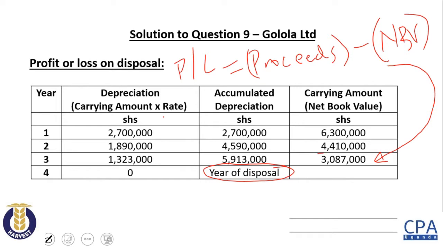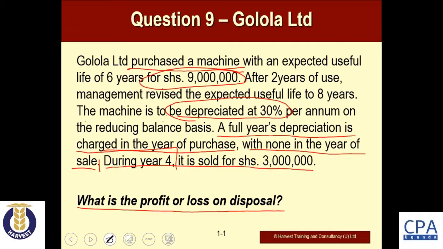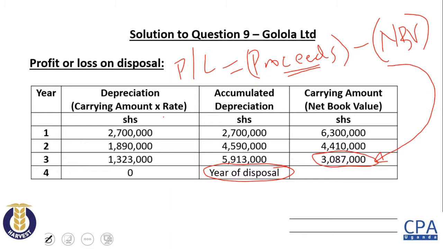We have seen that the carrying amount of the final year is 3,087,000, whereas the proceeds, as we are told in our question, are 3 million. We received 3 million in the bank account as proceeds from the disposal.